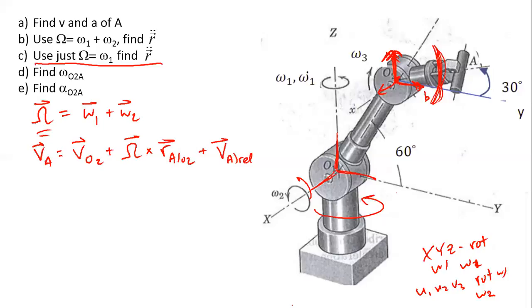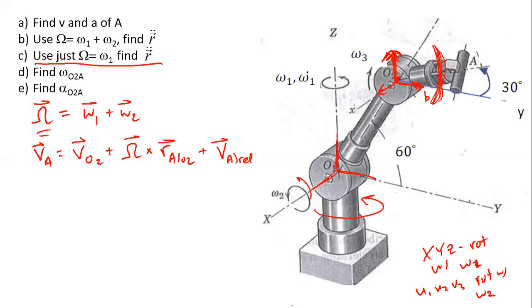So on the count of 3, you guys can type in if you think it is or not. If I'm not rotating with omega 3, does it look like A is going to have a velocity relative to where I'm sitting? So 1, 2, 3. Okay, so we got 4 or 5 people playing.